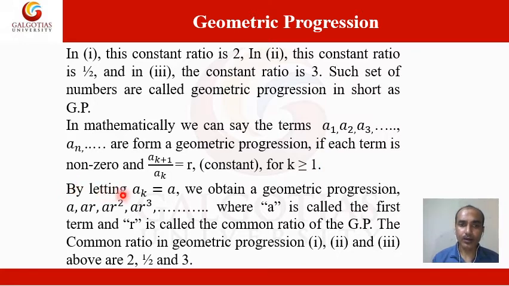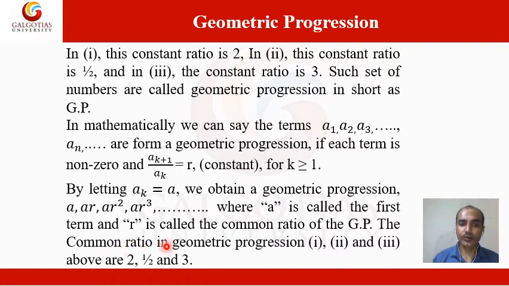By letting the first term a1 equal a and the common ratio r, we obtain a geometric progression like a, a into r, a into r square, a into r cube and so on, where a is called the first term and r is called the common ratio of the GP.